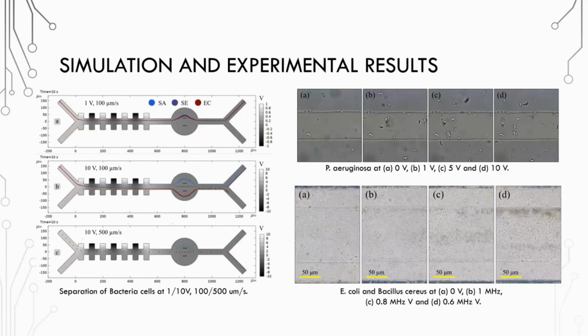But let us say you apply 10 volt peak to peak, for example. What will happen here is the bacteria with the bigger size. If you still remember, the DEP force usually depends also on the size of your cell or your particle. The particle or the bacteria cell with the larger size will experience strong DEP force.